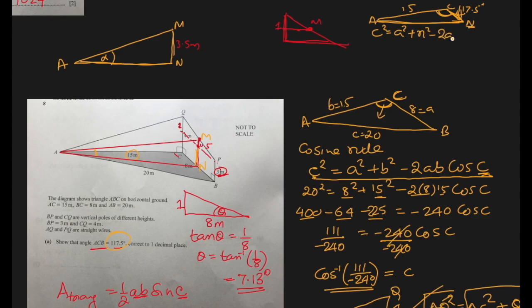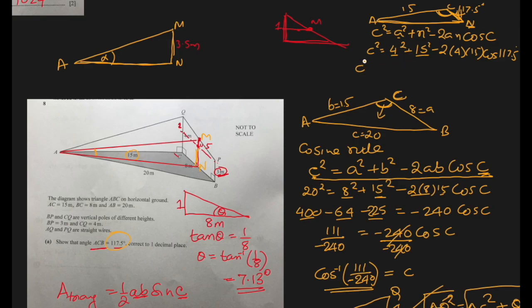Minus 2AN cos C. So C square will be 4 squared plus 15 squared, minus 2 times 4 times 15 cos 117.5 degrees.